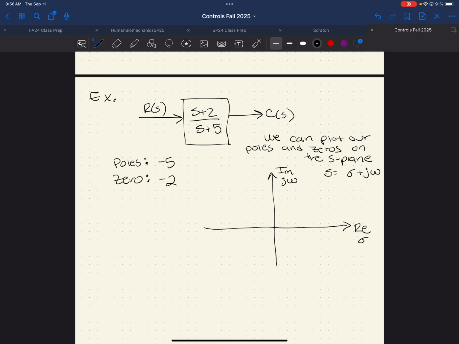All right, if I want to plot my pole, what symbol do I give poles usually? Do we know? I usually give poles an X. Okay, so do I have any imaginary part in my pole here? No, so I need to be on the real axis at -5. What symbol do you think I give zeros? Either an O or a 0. Yep.